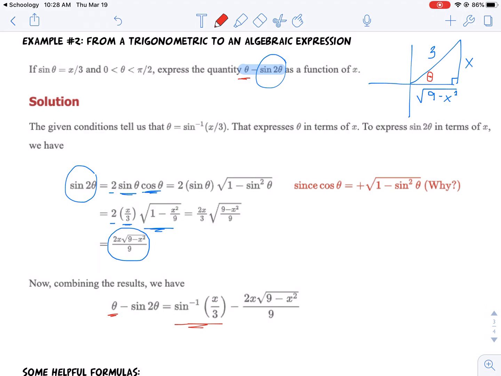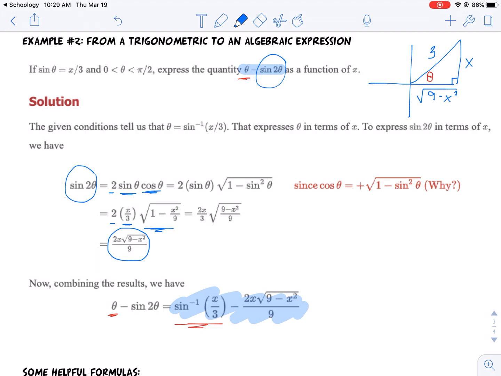I know it's the angle that is given by the inverse sine of x over 3. Okay, so it is a weird concept, but you combine that all together, and this would be your final answer. It looks very weird. Okay, it does. That's okay. Just make sure you're set to go and you understand that it's okay to have these answers.